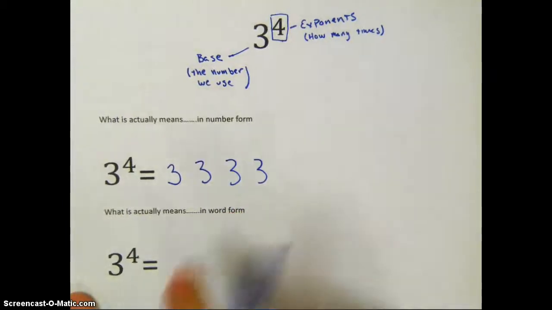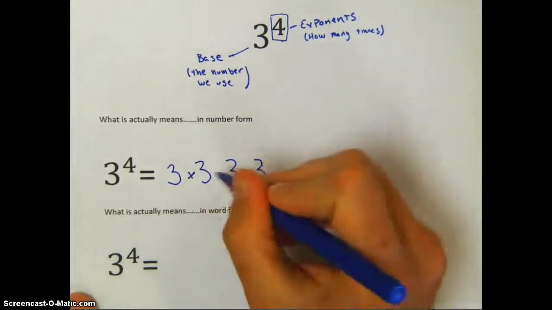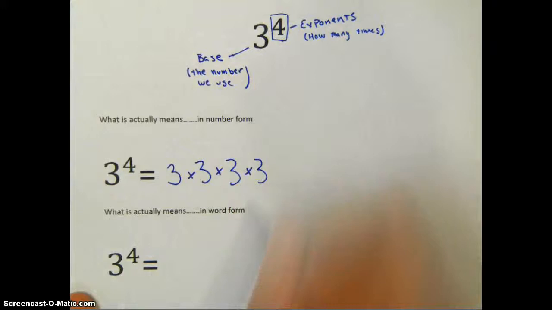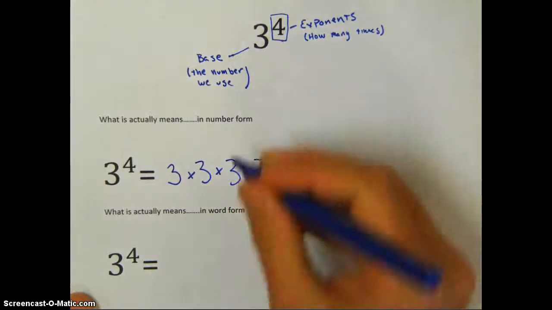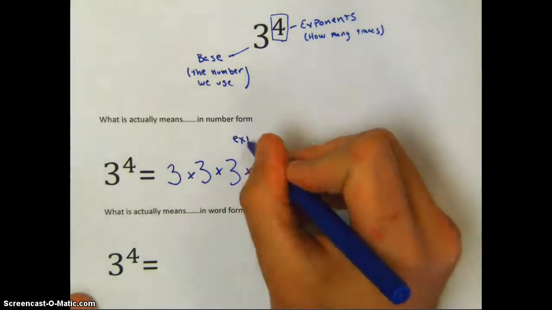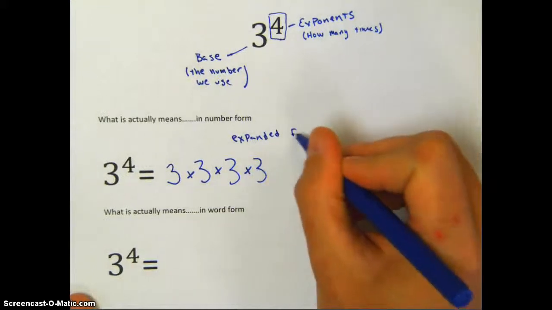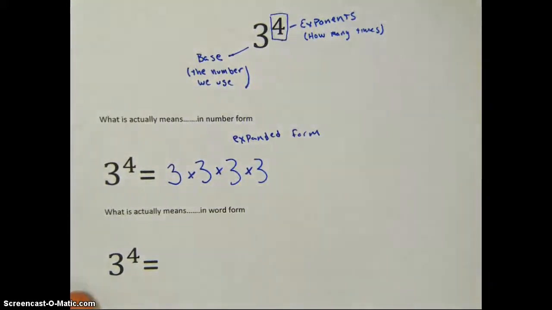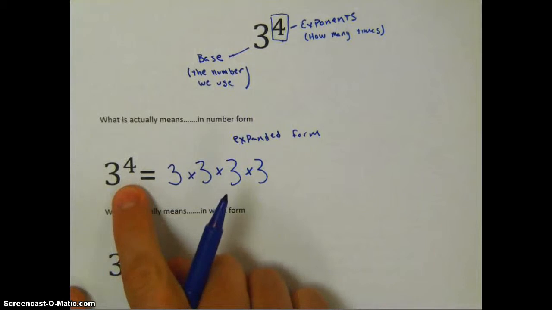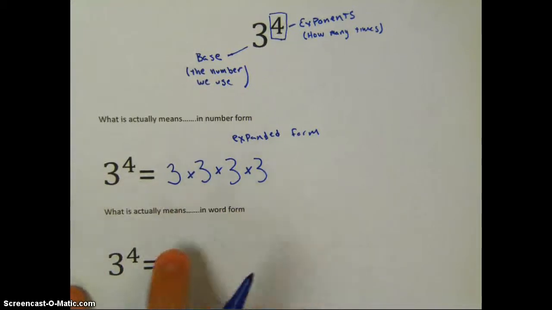So I have 3 4 times, but when dealing with exponents, we multiply. So this is in expanded form. This is our exponential expression. This is expanded form.